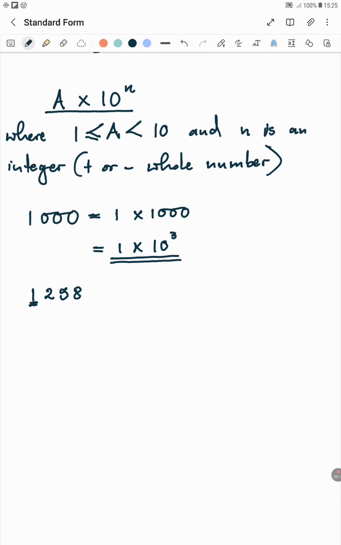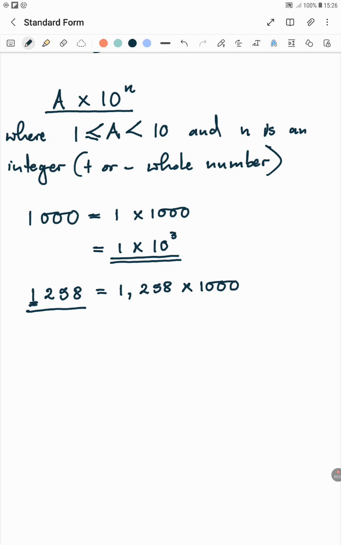So what it means is if we put a comma there between 1 and 2, we are still going to multiply it by 1000 in order to get the original number, which is 1258.